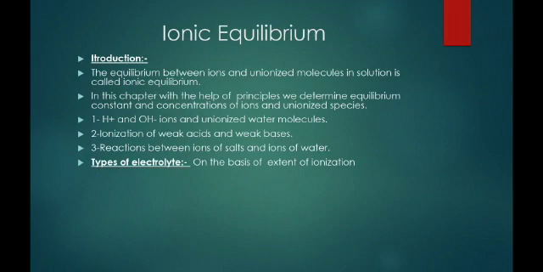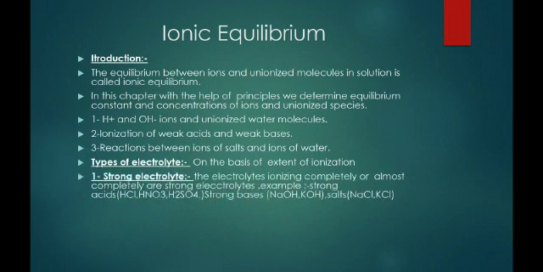Now, types of electrolyte. On the basis of extent of ionization, two types of electrolytes are present: strong electrolytes and weak electrolytes. First, we discuss strong electrolyte. The electrolytes ionizing completely or almost completely are strong electrolytes.